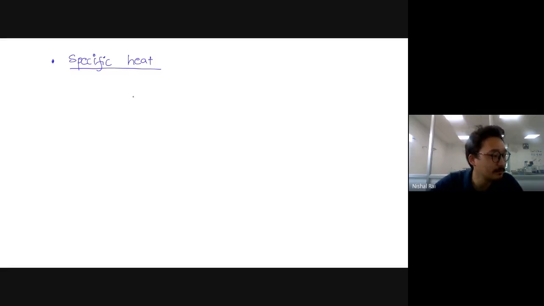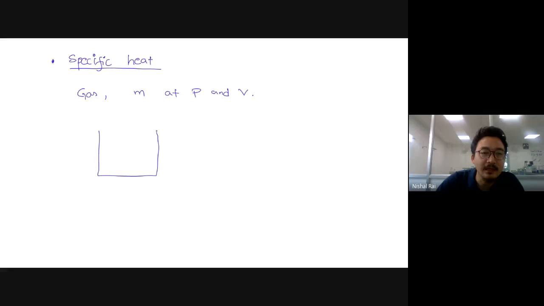Actually, let us consider a gas. Let M be the mass of the gas, which is at pressure P and volume V. Suppose we have a container.